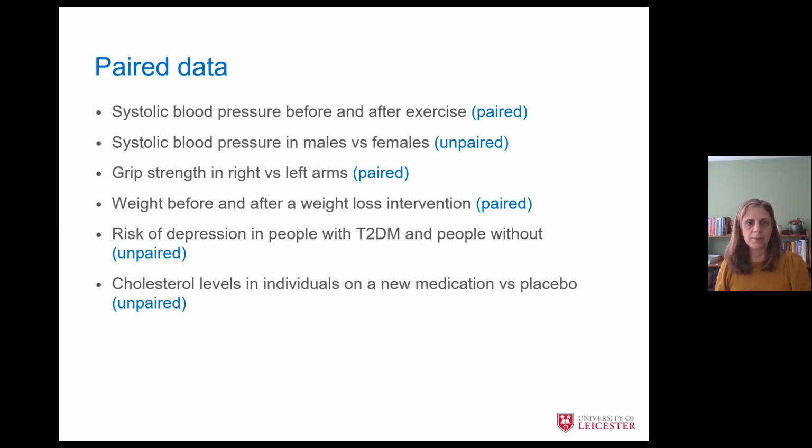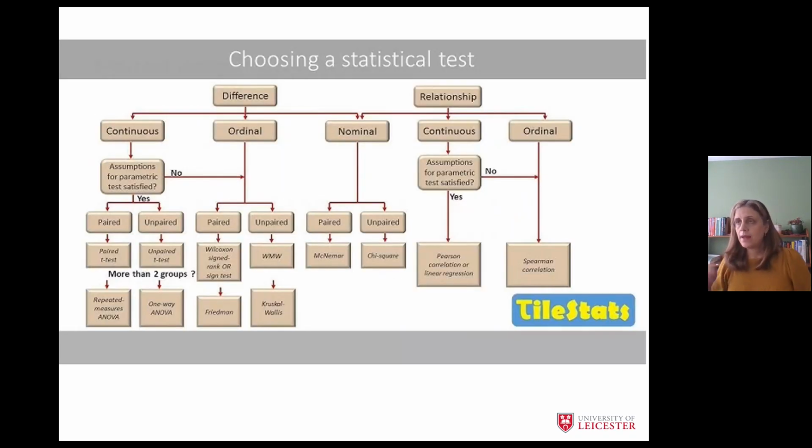And that would lead you to having paired data, because each control in that case, even though it's a different person, has been matched with one of the cases in terms of their characteristics. And then using all this information allows you to choose the statistical test that's appropriate for the data that you have. A nice way to do that is to use something like this here.